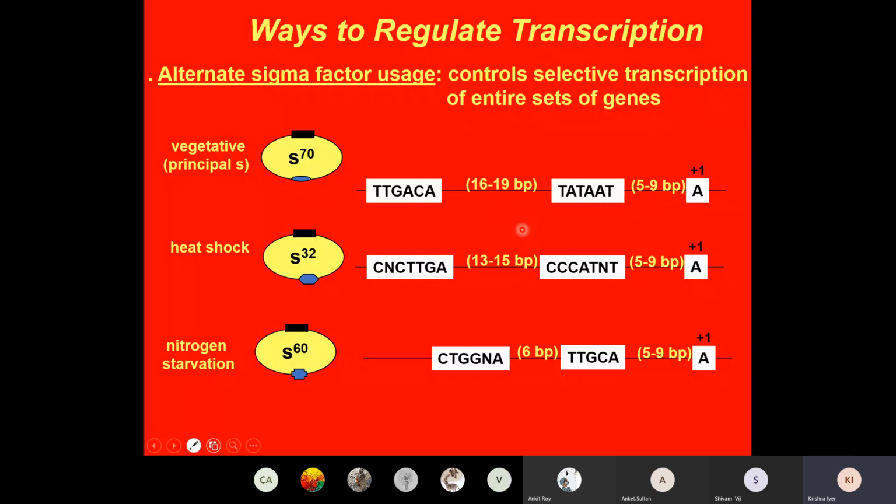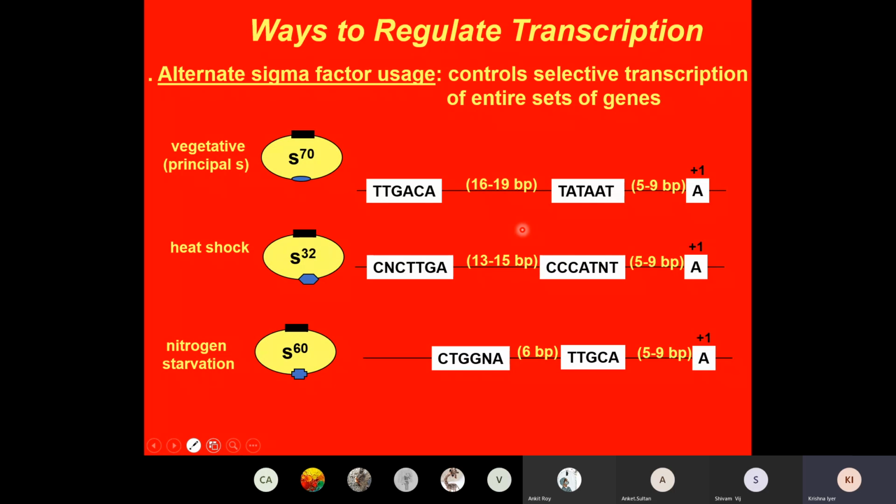And the sigma factor is there along with the RNA polymerase till the RNA polymerase starts the transcription. After that, it simply falls off. Now, this sigma factor can be used to control which genes get expressed.